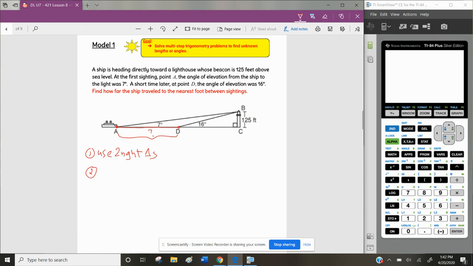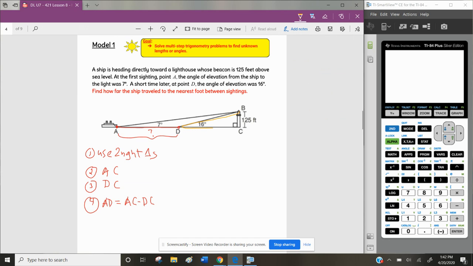I'm going to find the length of AC. I'm going to find the length of DC. And I'm going to subtract them to get AD. So AD will equal the longer one AC minus the shorter one DC, and that should get me to my answer. So first things first, let's draw these triangles.